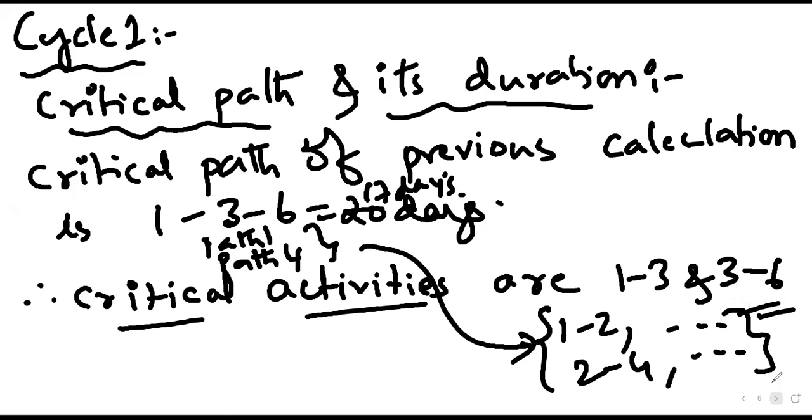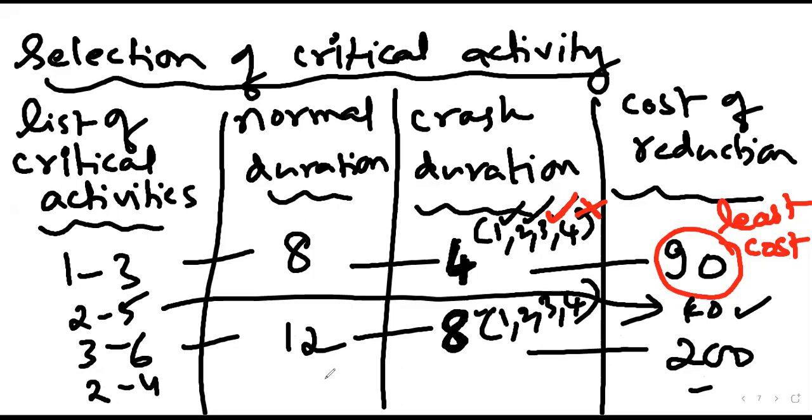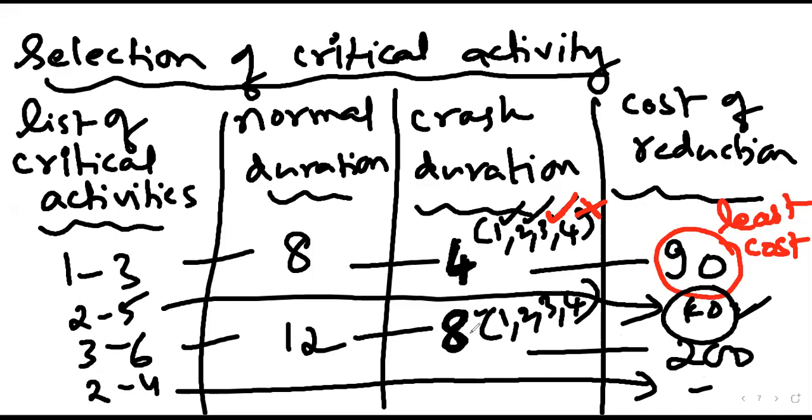And simultaneously, the entries in this table also would have increased, 2-5 and so on and so forth. And if this cost is less, then you would have selected this. Correct? 2-5, if it was less. I don't know what the actual cost is. Assuming the incremental cost is less, you will select 2-5.